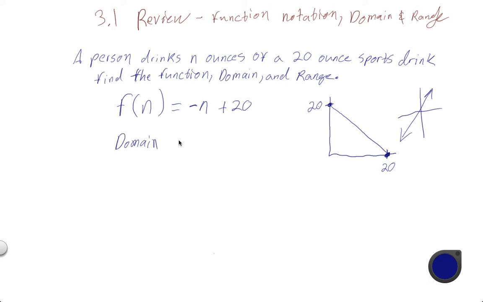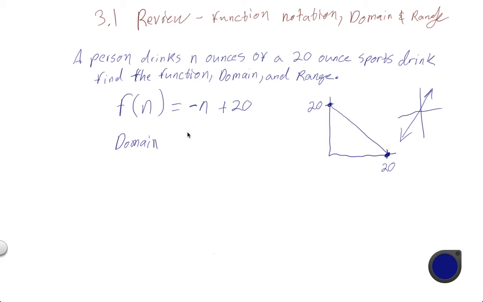I can drink 1.001 ounces, though that would be hard to measure. I could do that, right? And so really it's going to be a continuous function. It's going to be continuous in the domain and the range.